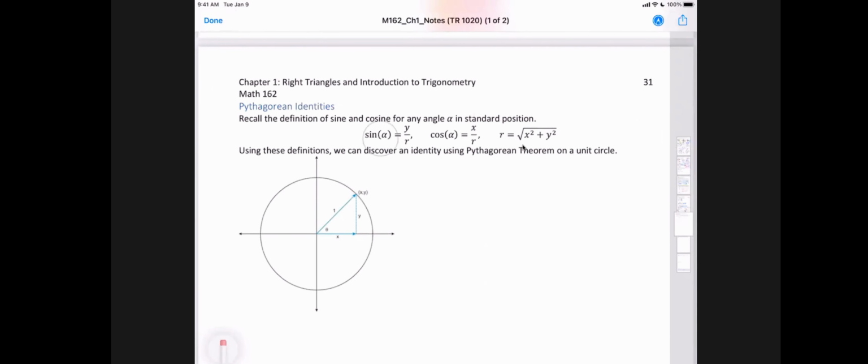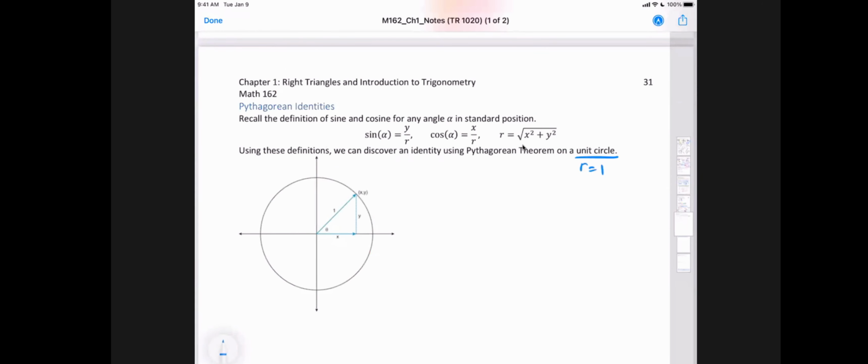So using the combination of these three definitions, we'll find the Pythagorean identity by using the Pythagorean theorem on the unit circle. So on our unit circle, r is equal to 1.